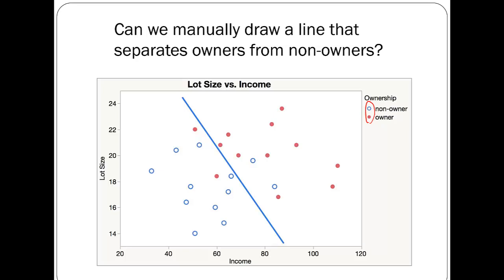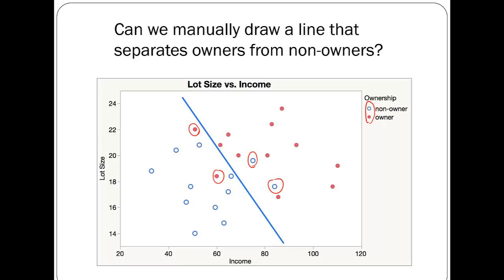And the idea behind discriminant analysis is to draw a straight line that separates the data as much as possible. In other words, puts the owners into one group and the non-owners into another group. And so the line that we have here, you can see, does a pretty good job of that, except for these two owners are misclassified and these two non-owners would be misclassified.